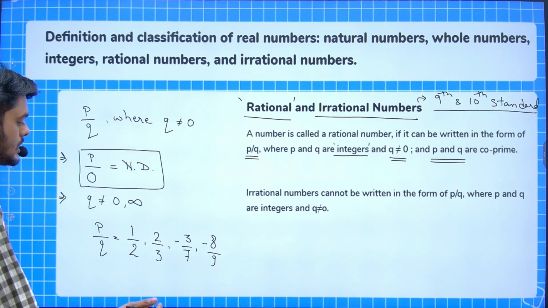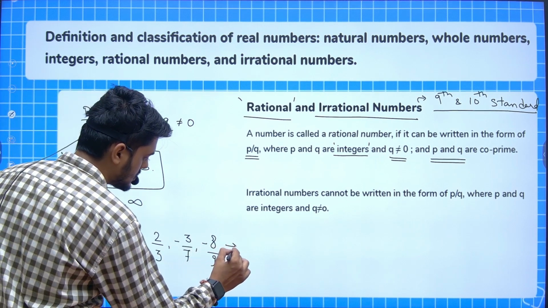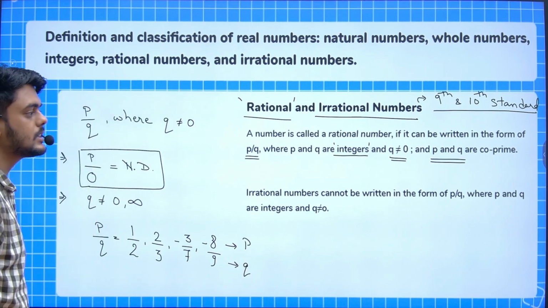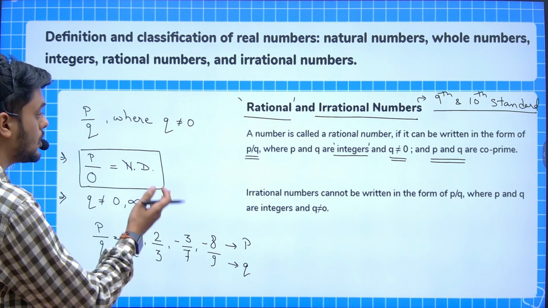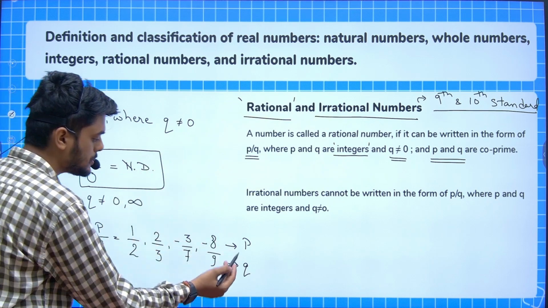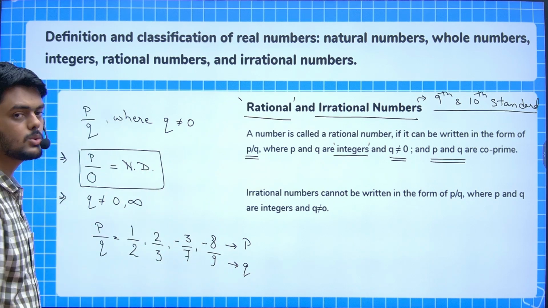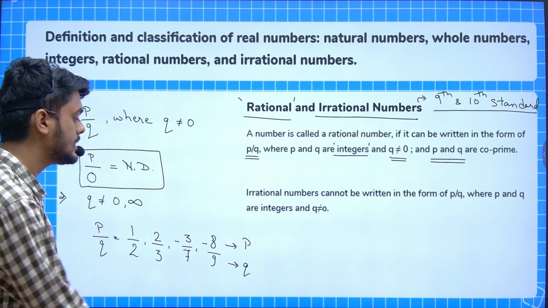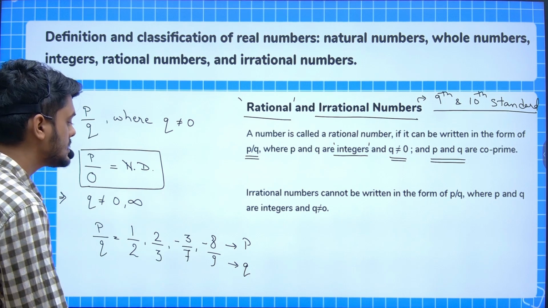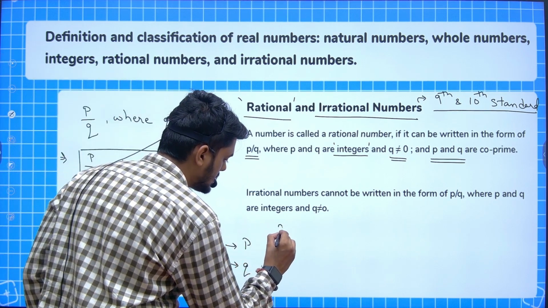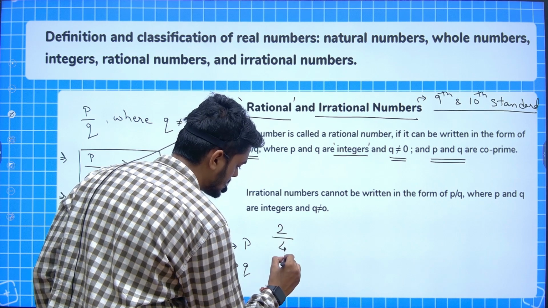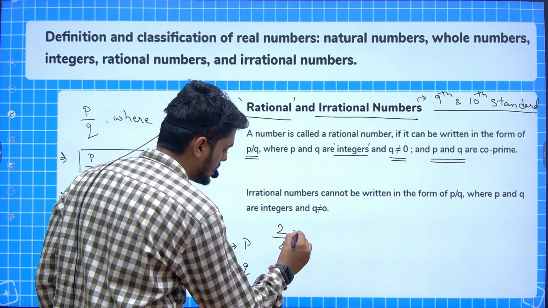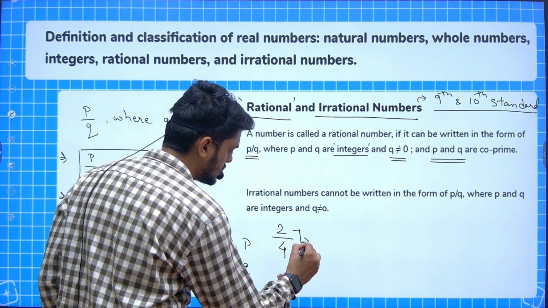Meanwhile, what you can conclude is that these p and q are co-prime to each other. That means their highest common factor is 1. Or else, if we take some quantities like this, they are not going to have their highest common factor as 1, so they could be simplified.